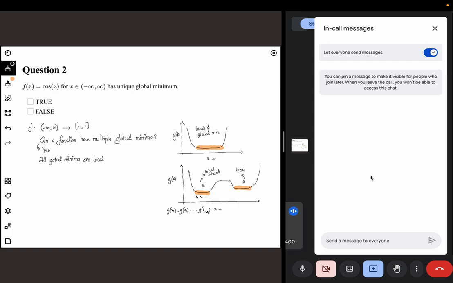In this particular case, if you consider cos x, it looks something like this, with a point at pi by 2.